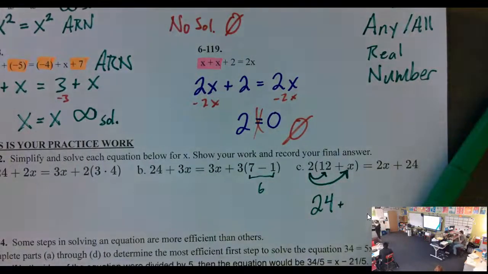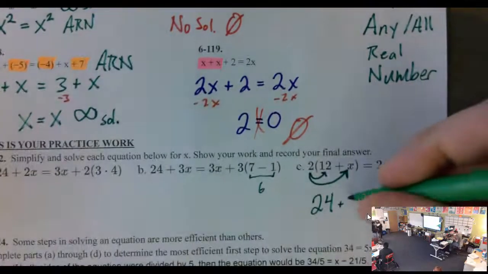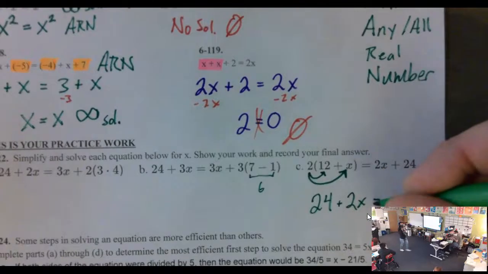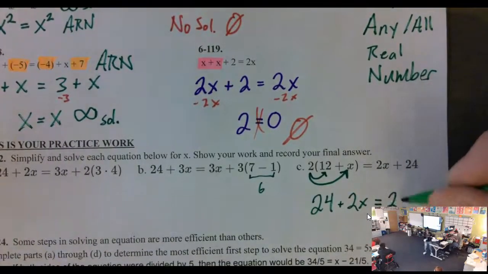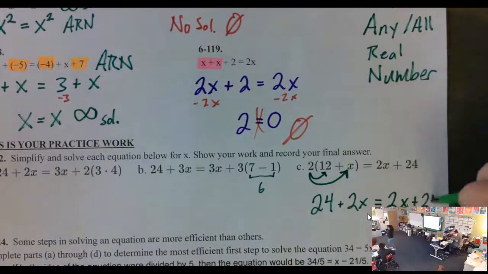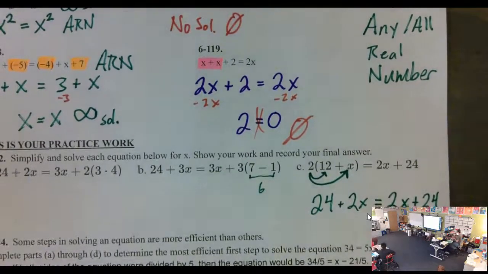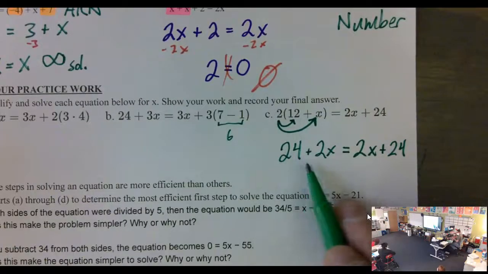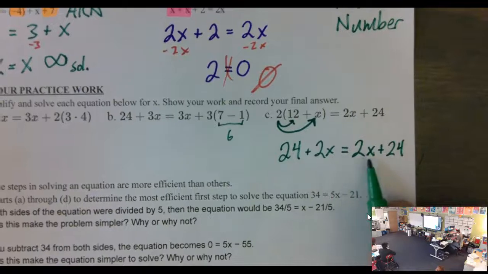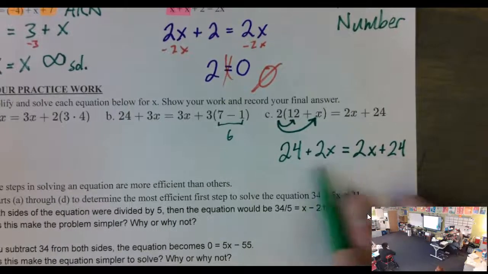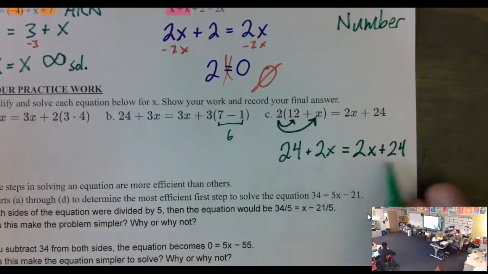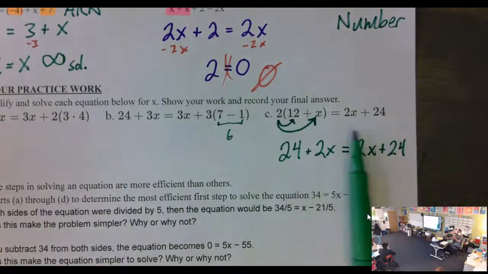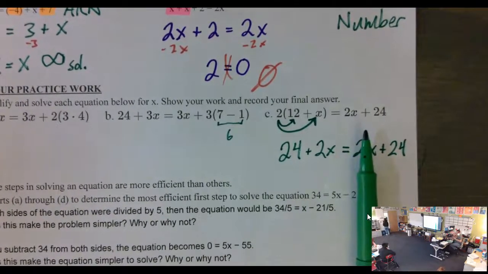Here you go. So 24 plus 2x equal to 2x plus 24. So wait, if the left side's 2x plus 24 and the right side's 2x plus 24, that means x can be any number. Guys, I'm trying to save you time.